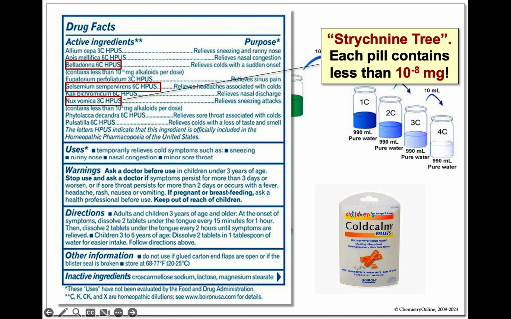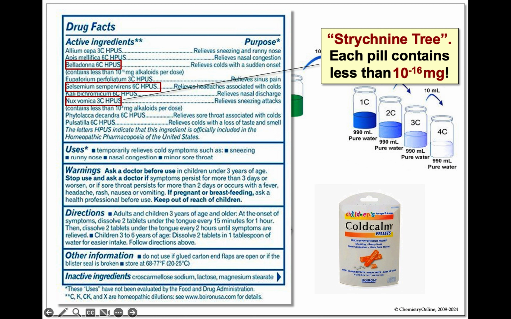Less than 10 to the minus 8 milligrams, but it's still strychnine, isn't it? Yes. Children's Cold Calm. If you have children and you get really frustrated, it's hand poison, literally. It's like 10 to the minus 16 milligrams is what you're giving them.